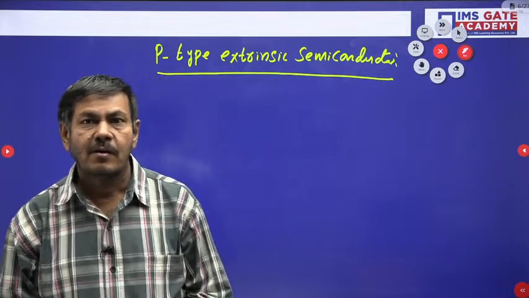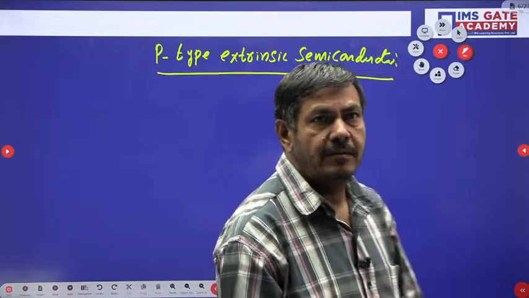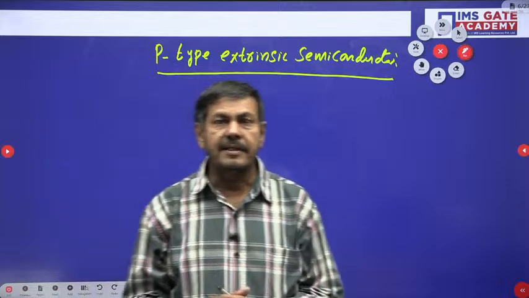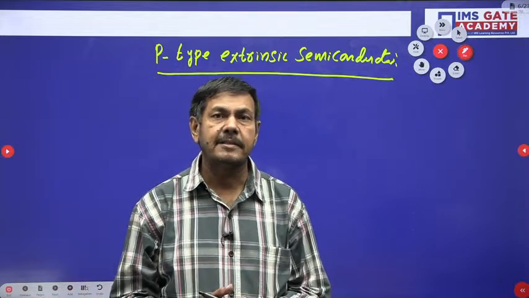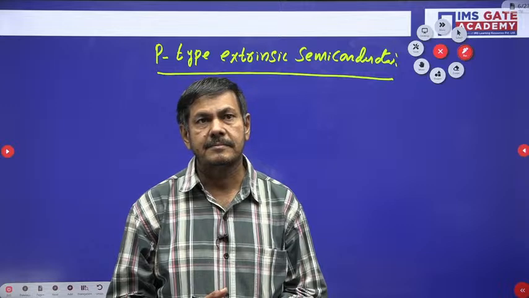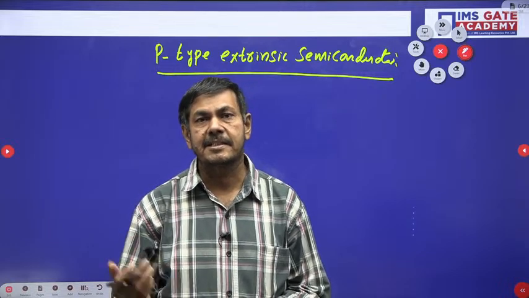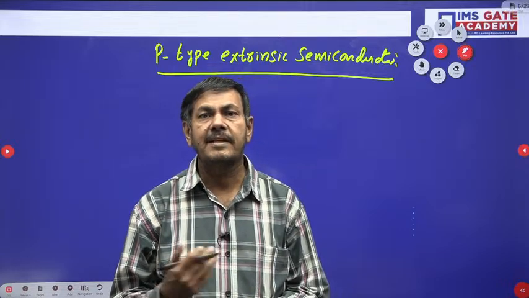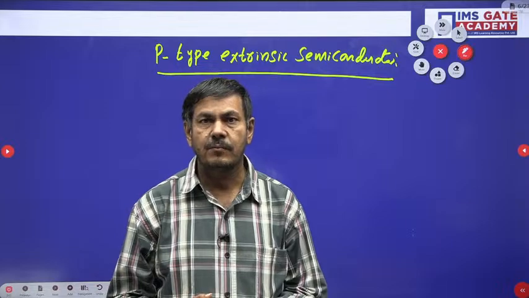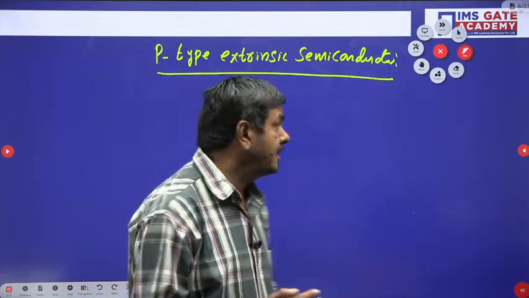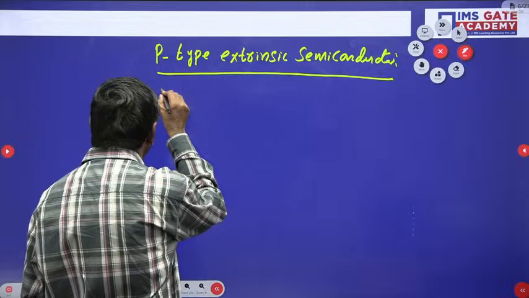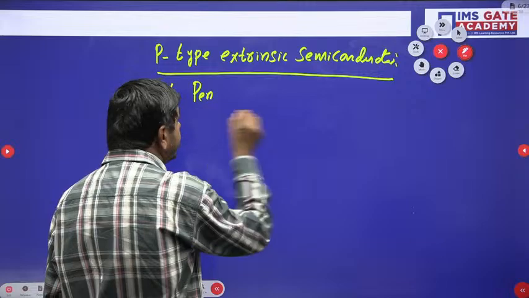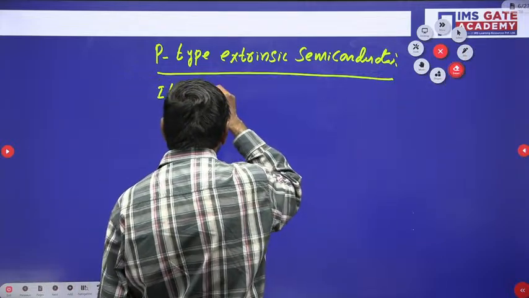Thank you. Okay, what we want to discuss is the p-type extrinsic semiconductor. Whenever an intrinsic semiconductor is doped with a trivalent atom, a p-type extrinsic semiconductor is formed. A trivalent atom contains 3 valence electrons. For example, we can take boron. Pentavalent means n-type, as I said.